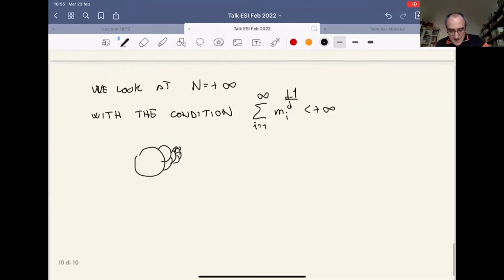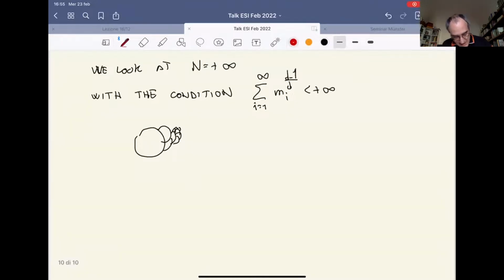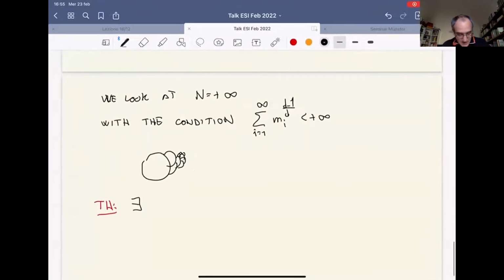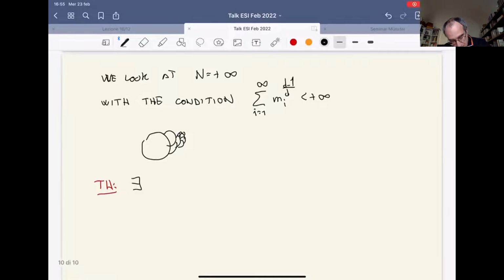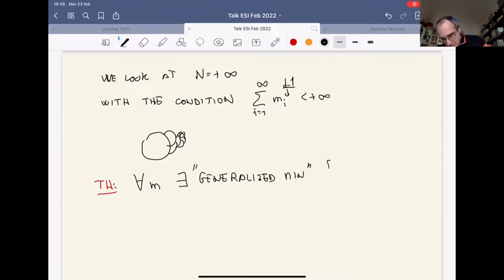So under this condition, there is, as a result, a theorem: for every infinite sequence of volumes, there exists what I will call a generalized minimizer, which is a set of E_i, and each E_i is a cluster.